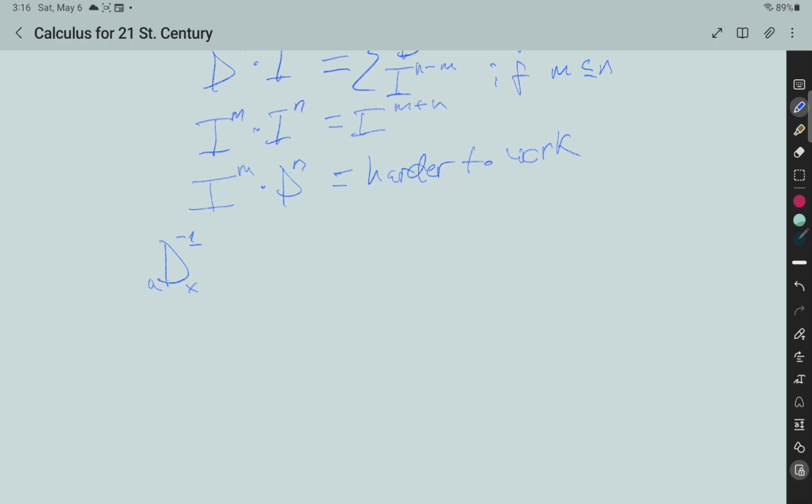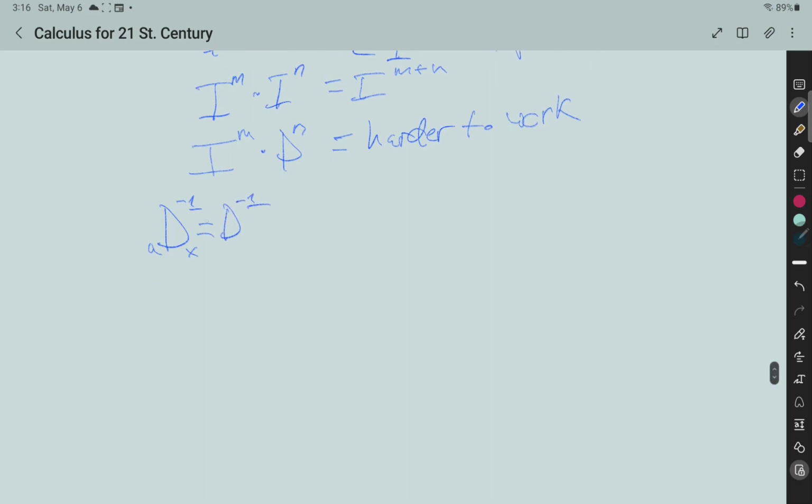From now on, D_a to x to the minus 1, I'm going to call this here just D to the minus 1, because I don't want to write the base index every time that we have something. So D minus 1 on the third derivative on f of x. Okay.